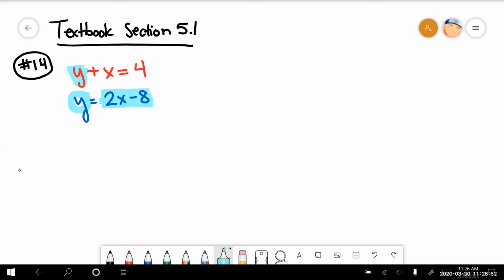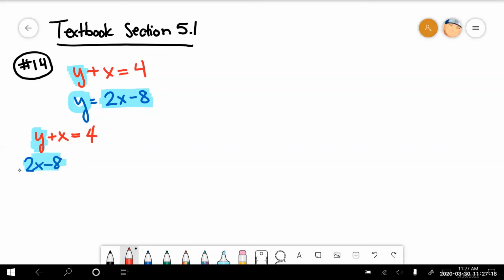We can still substitute 2x minus 8 into y. Okay, so just to rewrite that, y plus x equals 4. This is the equation that I'm going to use to substitute in my blue expression for y. Okay, and so that's going to end up looking like 2x minus 8. There's my blue expression, right?